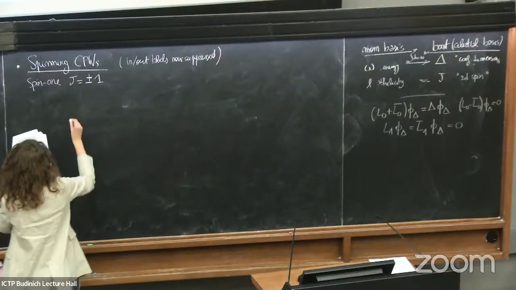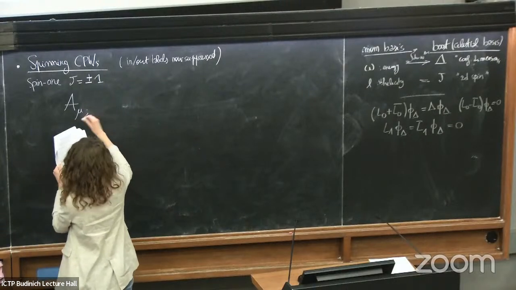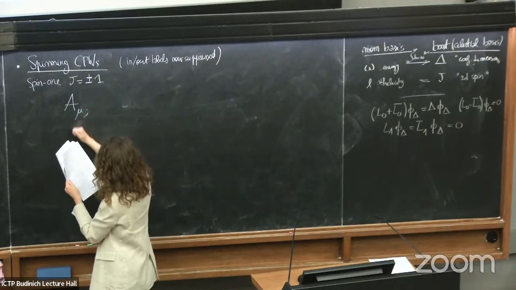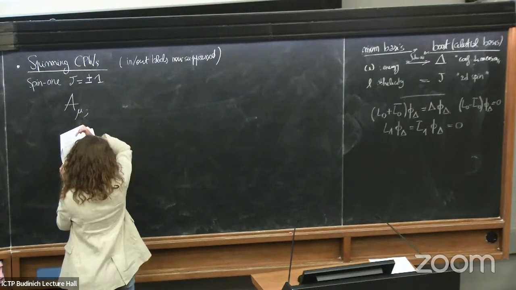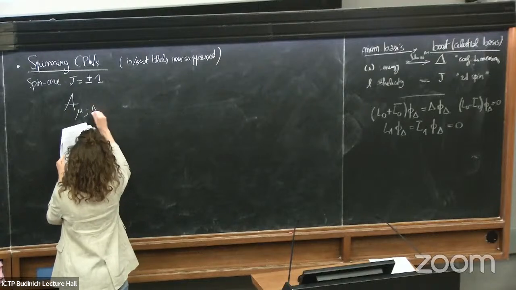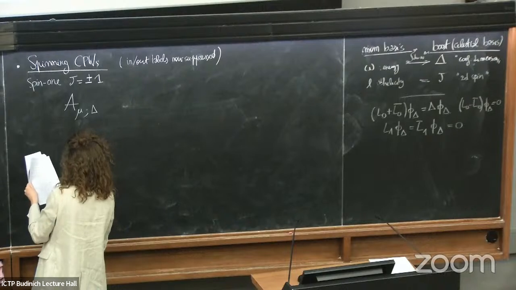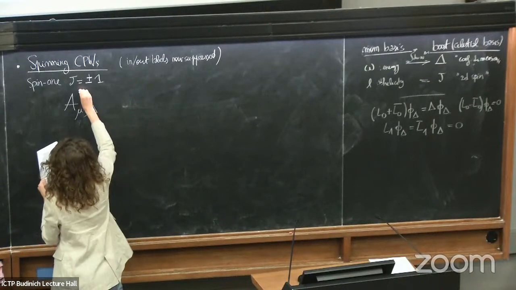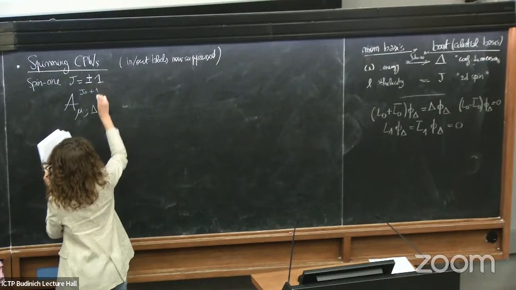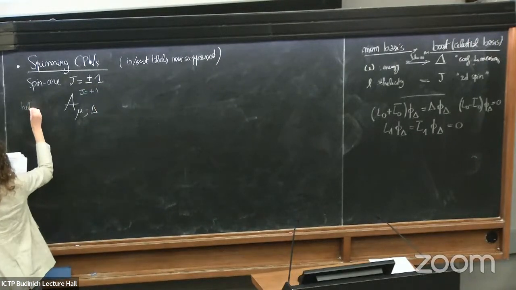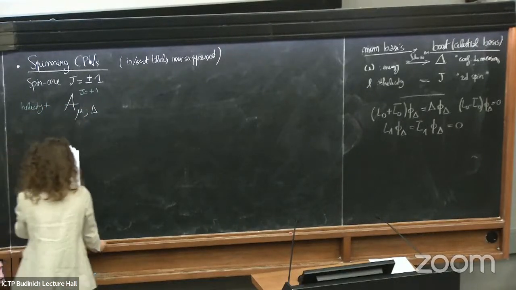So a spin 1 primary wave function will carry some tensor indices. Let me write it here. So J equal +1. So I'm looking at helicity plus here. So it has spin J equal +1.